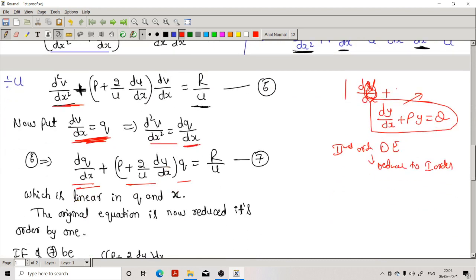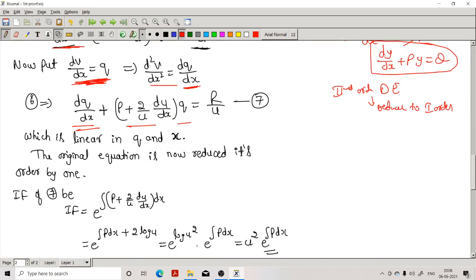Now we have reduced the second order differential equation to a first order, that is dq by dx in place. If it is like this, we have a method to solve it, that is by finding the integrating factor, we have to find a solution of this differential equation. In terms of y, here it is q, that is dq, a small q.